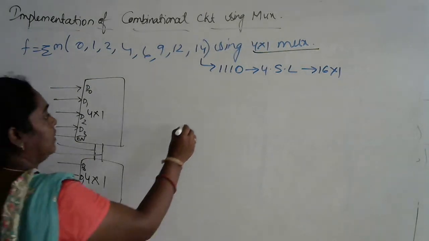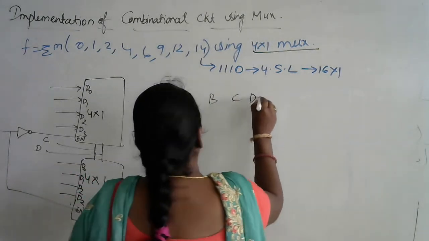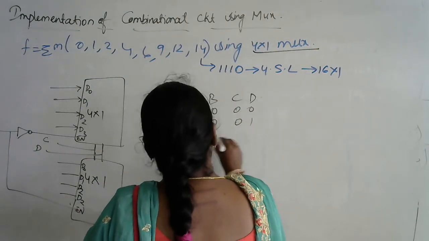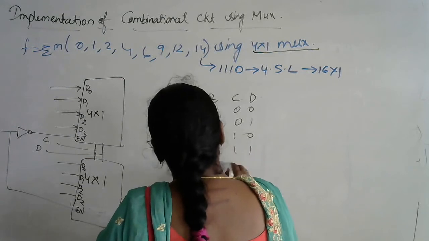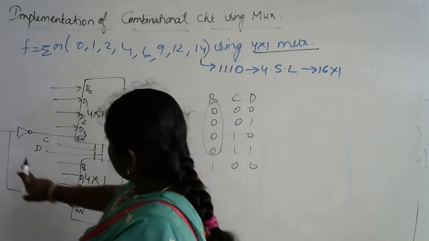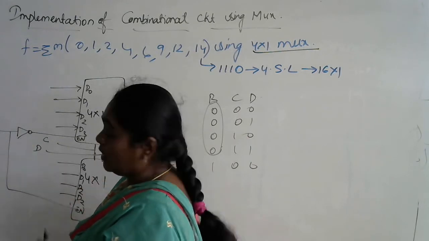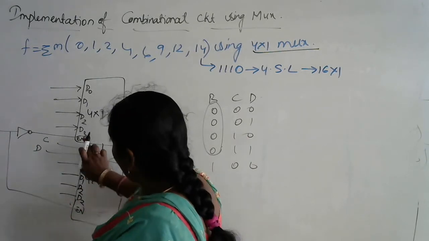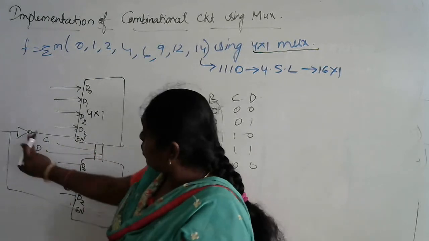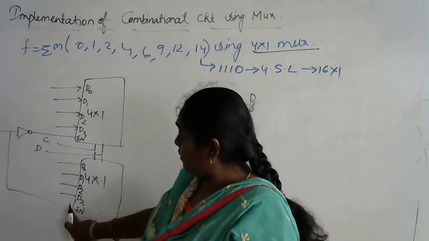Now, if we take B, C, D, I will be getting 8 combinations from 0 to 7. But under the first 4, B is 0. That is the reason I am connecting B bar to the first enable pin, as it is active high. If enable is active low, connect directly, and for the second one the NOT gate, the reverse operation.